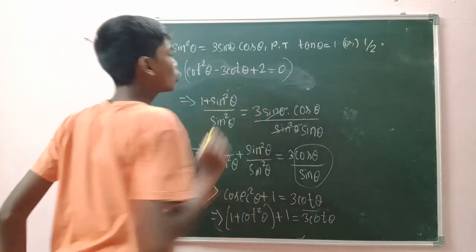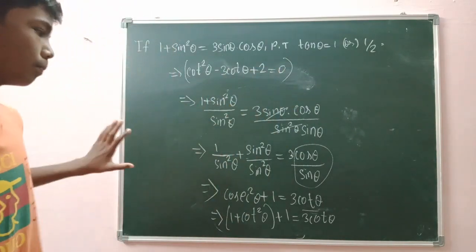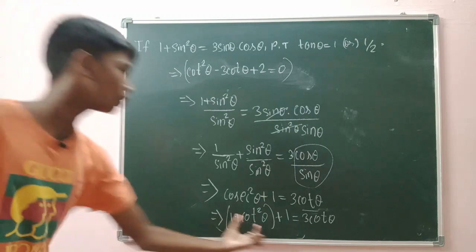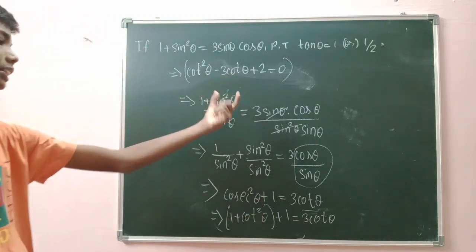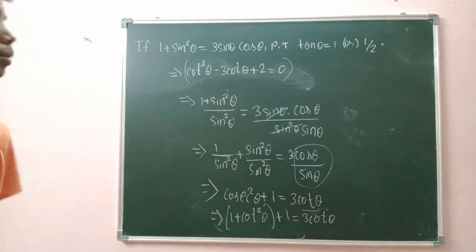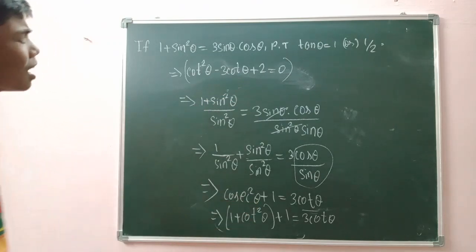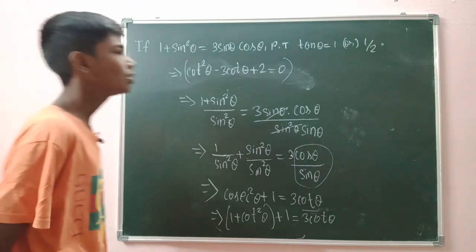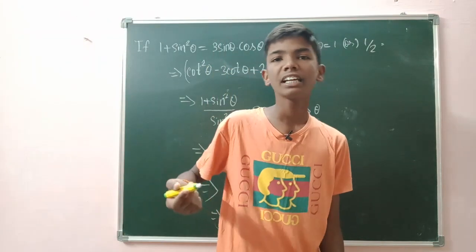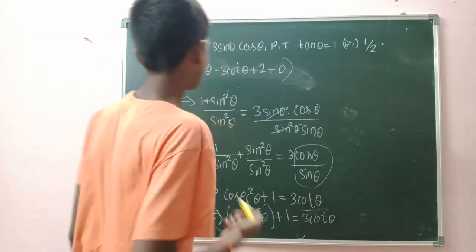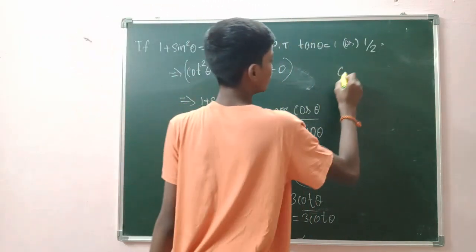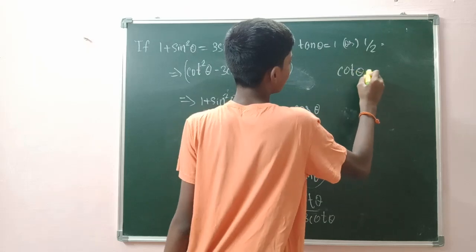Now, this looks like a quadratic form. Very simple. I just explained what I did here. Cot square theta I wrote here, this 3 cot theta I took to the LHS, that will be minus 3 cot theta, then plus 1 plus 1, that will be 2, which is equal to 0. Now, either you can take cot theta equal to some constant t and solve the quadratic, or you can directly solve, no problem in that. Let me solve it the way most people do. Cot theta is equal to t.